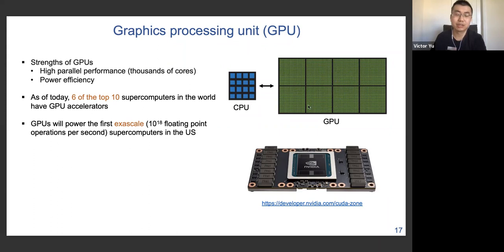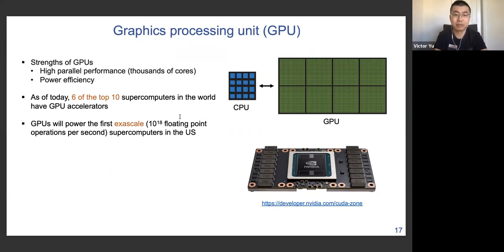Combined, they are very suited for highly parallel tasks like matrix operations found in DFT simulations. Also, the power consumption is more competitive than traditional CPUs, which means that we can pack more GPUs together without worrying about power.